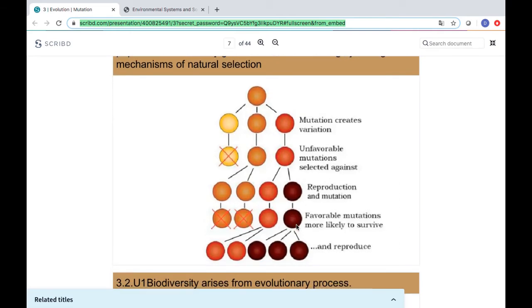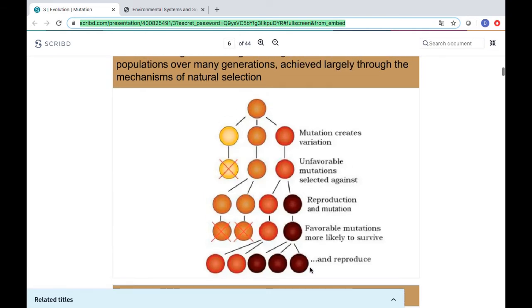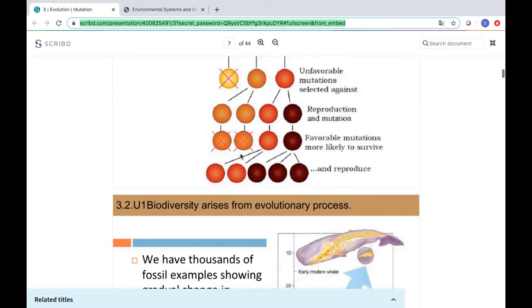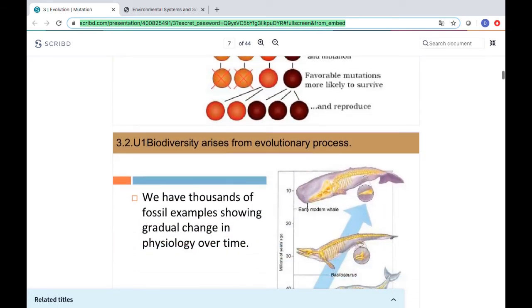With favorable mutations, they are more likely to survive and reproduce, and from this organism at the beginning, we're going to have a new one with new characteristics. That is part of evolution. That is evolution, okay? That is natural selection too. The fittest survive. But that takes a lot of time.